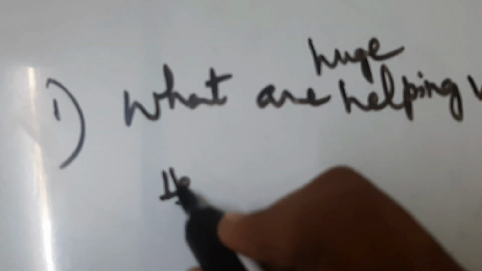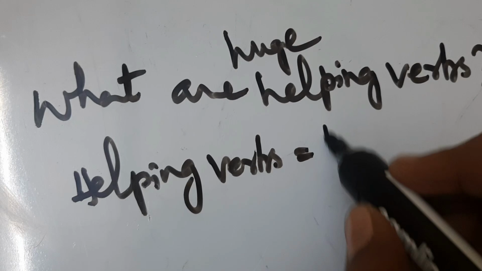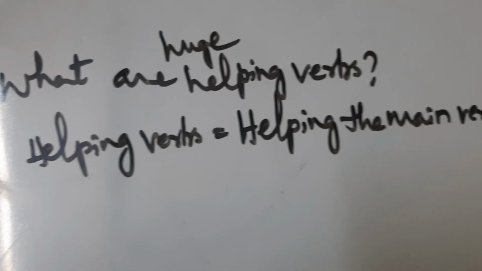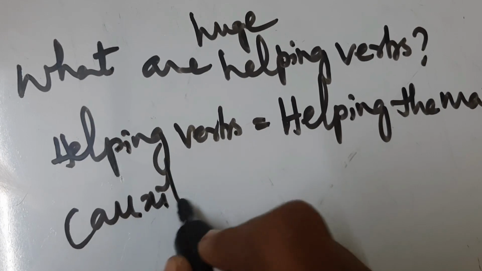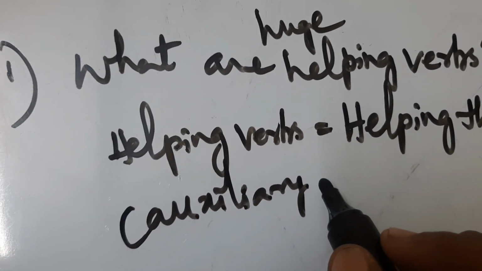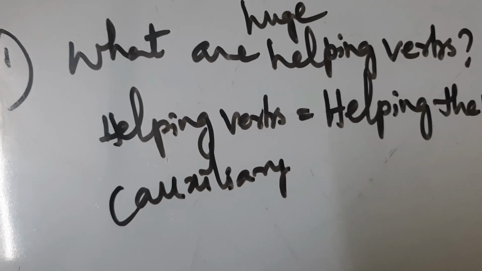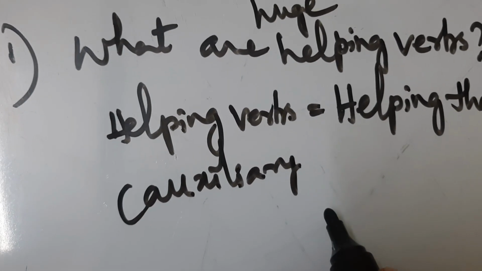Helping verbs are verbs that help the main verb, and they are also known as auxiliary verbs, and they do exactly what their name suggests. They help the main verbs to complete a thought.